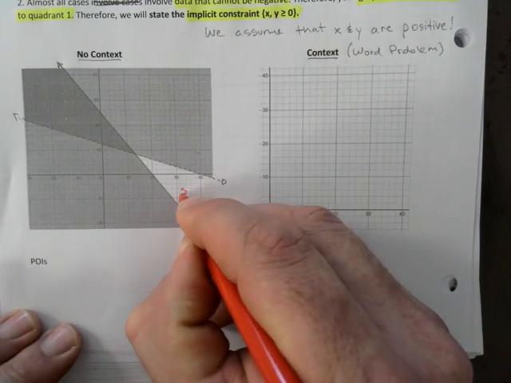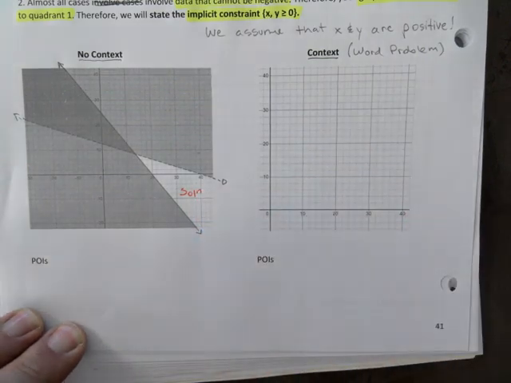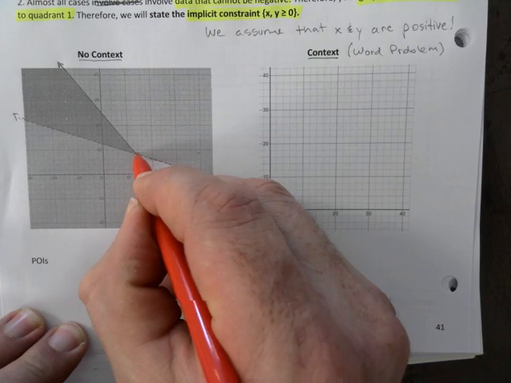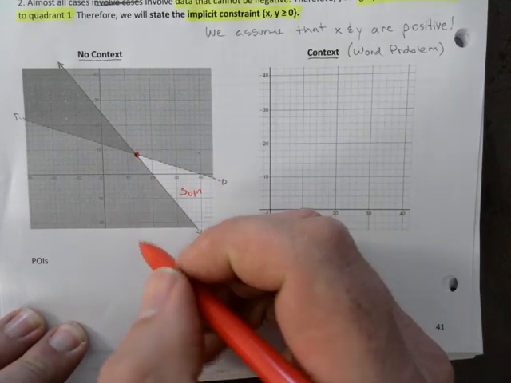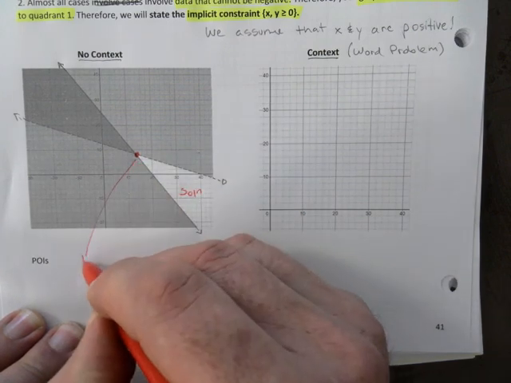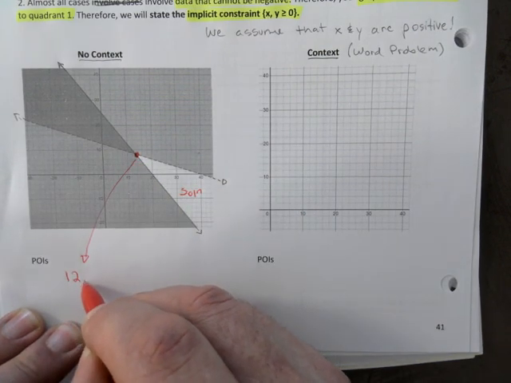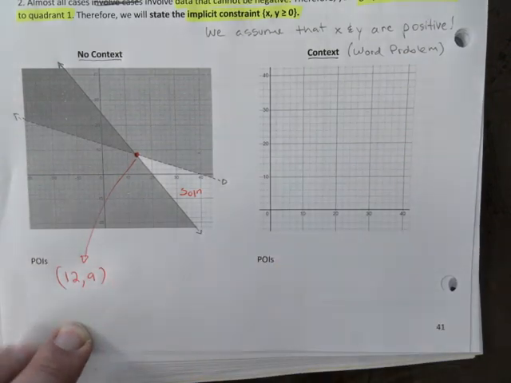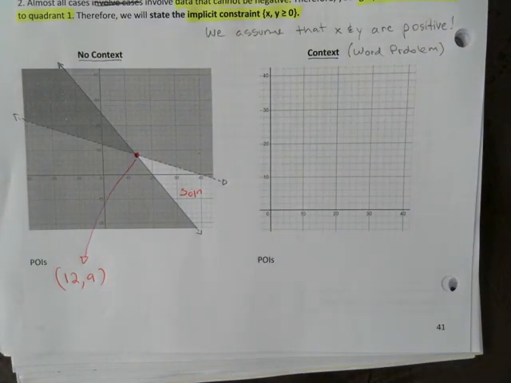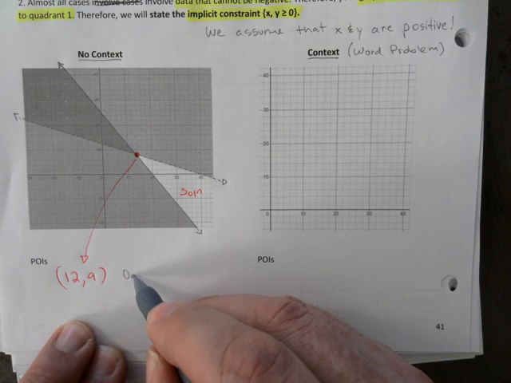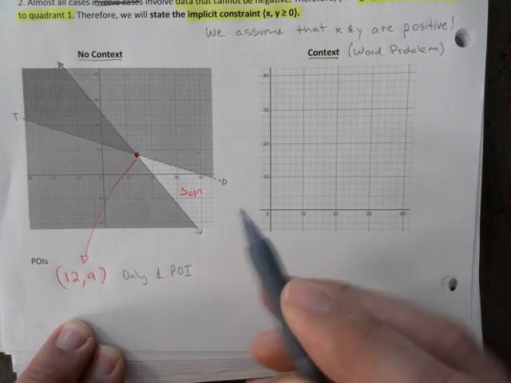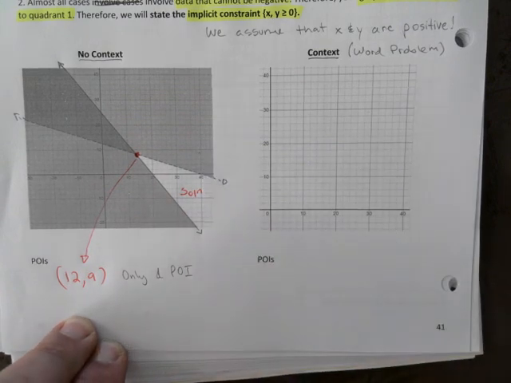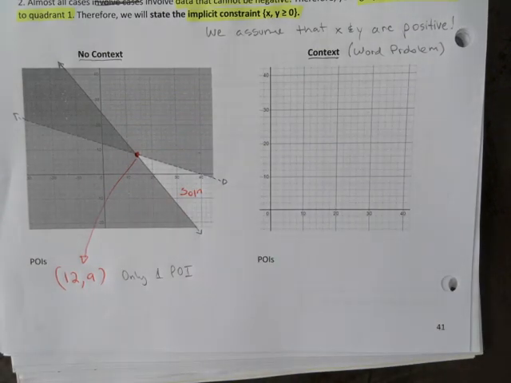This is your solution region here. Obviously, when it's a system, we use reverse shading. So this is your only POI there. I'm just going to tell you that that is 12, 9. We're just going to estimate that. Only one POI, because I told you that intercepts are not POIs so far.